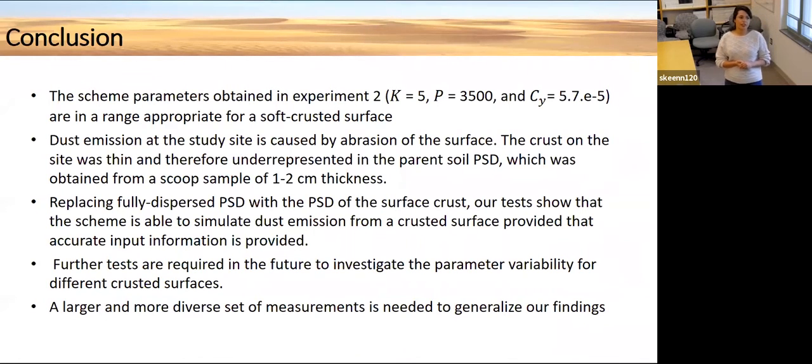But further tests are required in future to investigate the parameter variability for different crusted surfaces. And then by having more data, more examinations, we can generalize our results to other surfaces too.